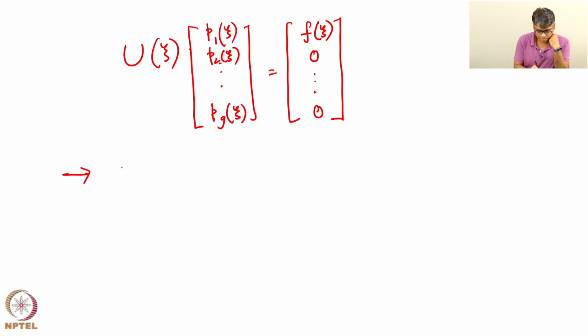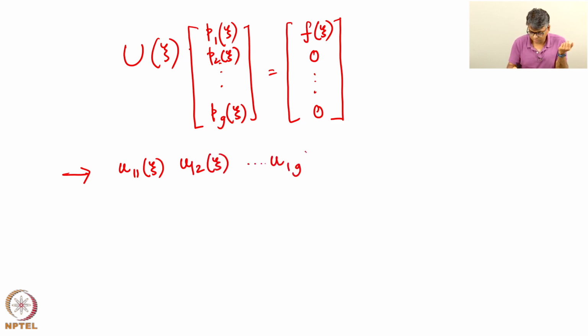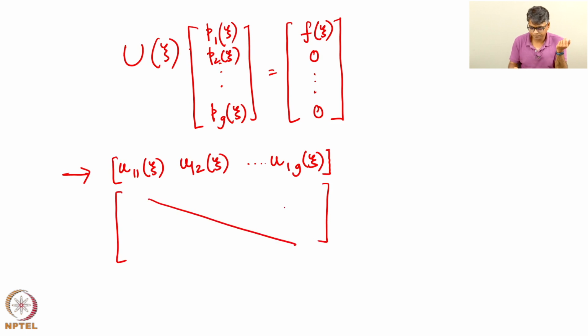Okay, U xi is actually U11 xi, U12 xi, dot dot dot up to U1g xi, right? This is the first row of U, and then of course there are these other entries as well.